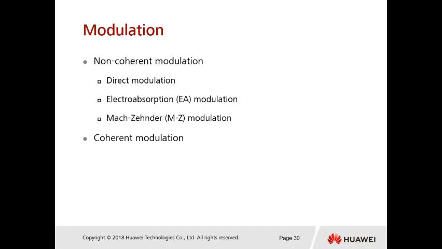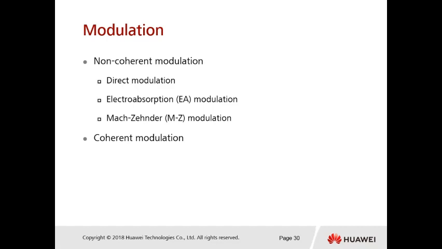As the refractive index changes on the optical path, it will cause a change in the signal phase. The combined optical signals at the output end of the two optical paths is a coherent signal with varying strength. In this manner, information carried on electrical signals is transformed onto the optical signals.